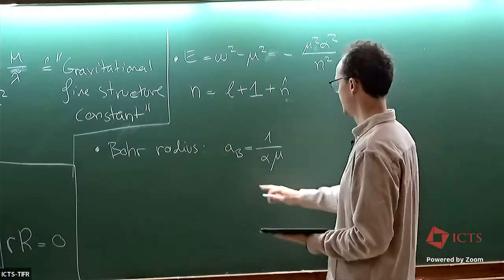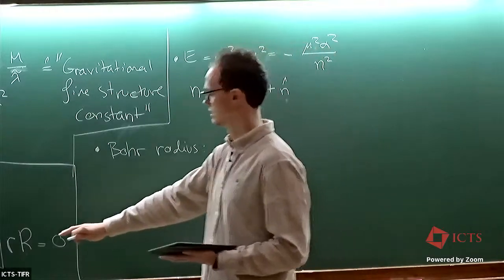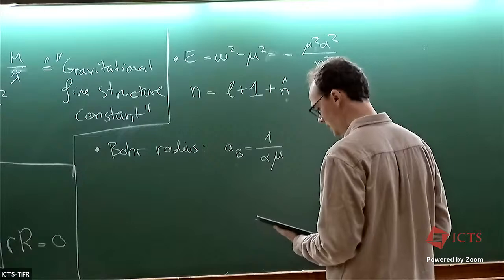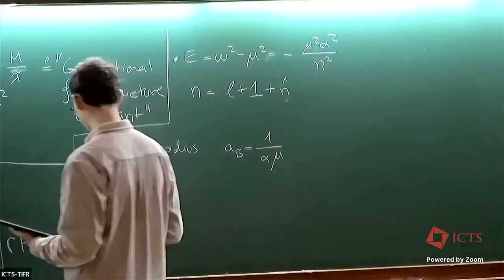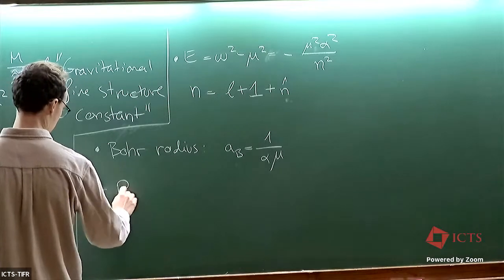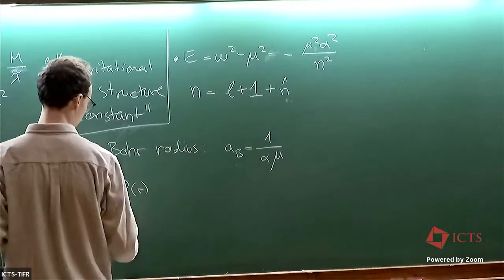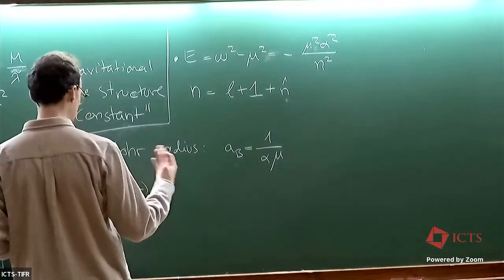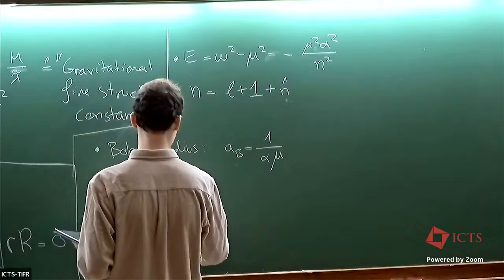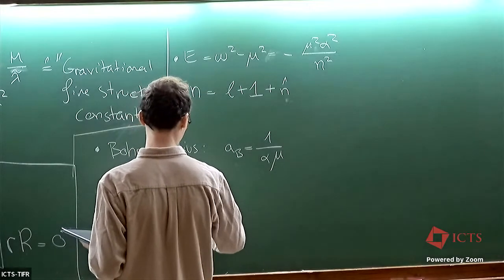And this is, again, just in direct comparison to the solution of the hydrogen atom. And so then what we find is that at large distances, this radial solution decays exponentially. This we already know from the hydrogen atom. So let me just quickly reiterate this here.